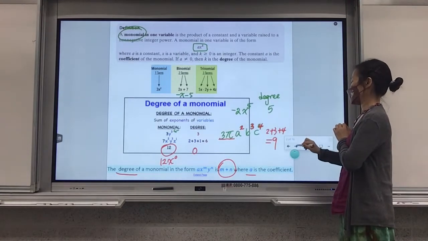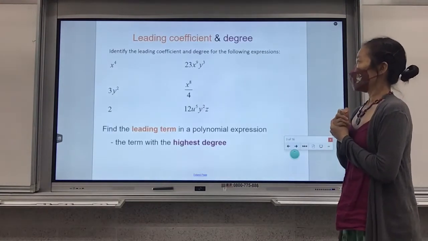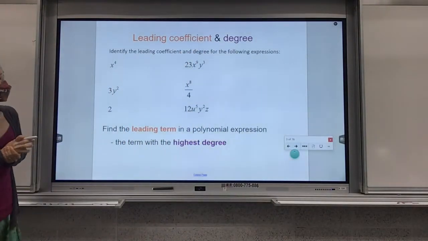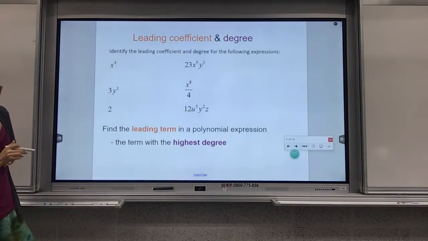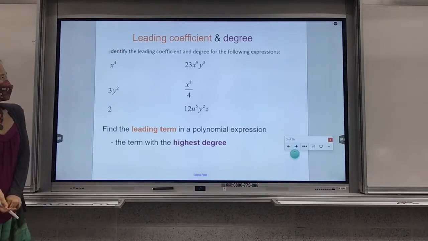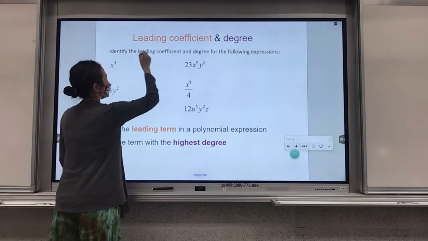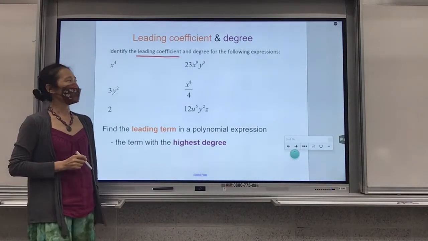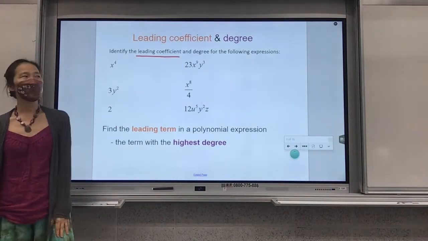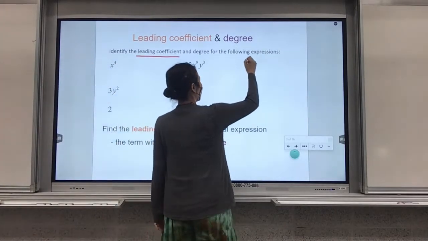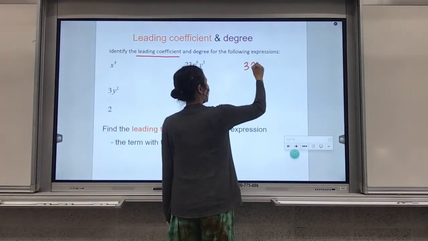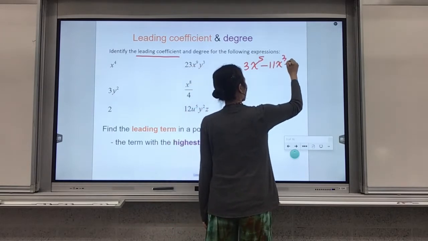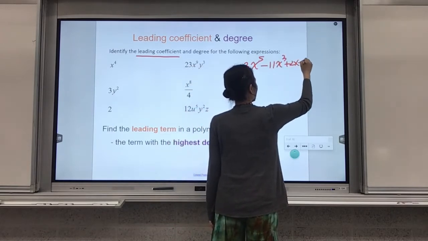Good. So identify the leading coefficient and degree for the following expression. Actually, leading coefficient, we need to look at many terms. For example, if you have like 3x to the power 5 minus 11x to the power 3 plus 2x minus 11.